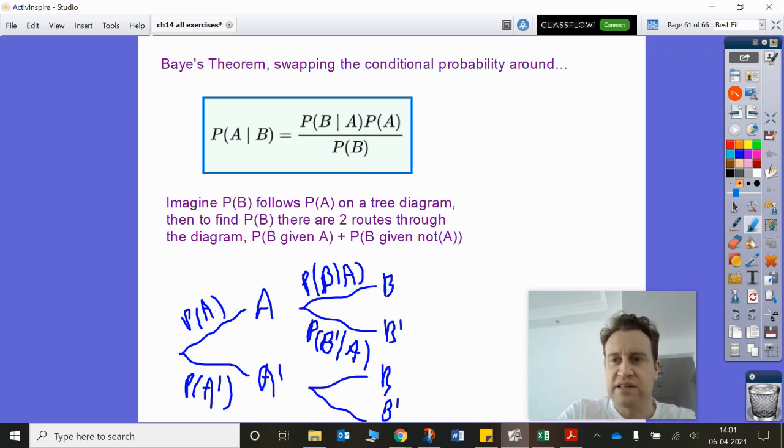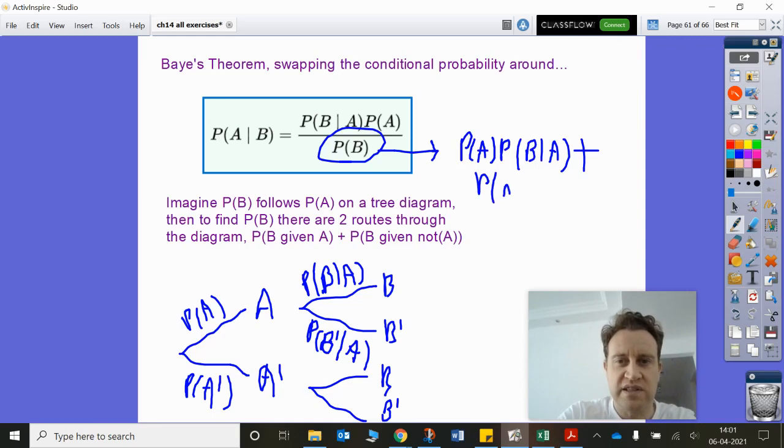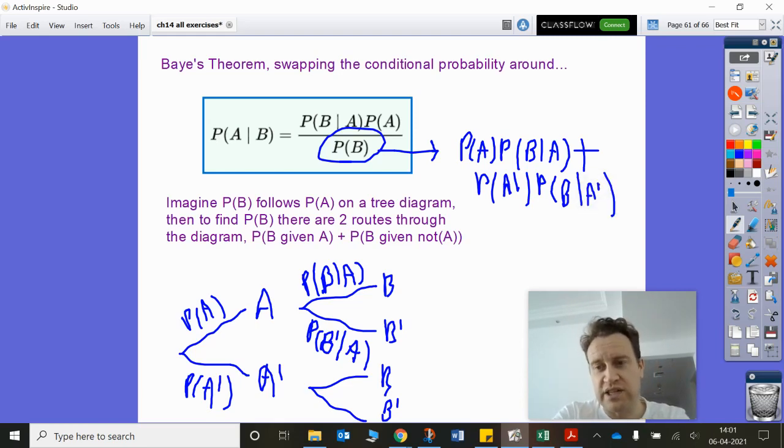So this probability of B is going to become the probability of A times by the probability of B given A plus the probability of not A times by the probability of B given not A. So there are two routes through the tree diagram which you need to add together. Now, that's the extended formula for Bayes' theorem, and obviously it can get slightly more complicated if there aren't just two outcomes there.